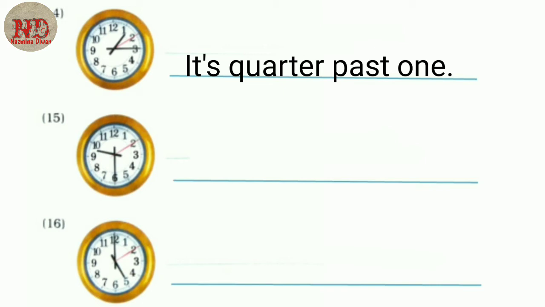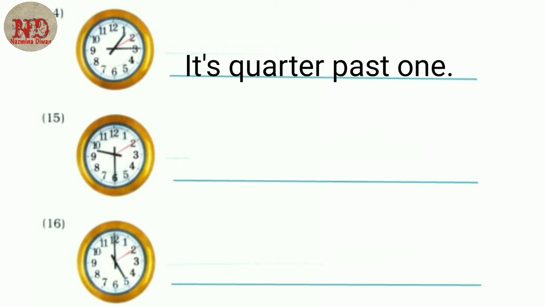So you have to write here it's quarter past 1. And you can also say that it's 1 o'clock and 15 minutes. Now next clock. In this clock, a short hand is between 9 and 10 and a long hand is at 6.